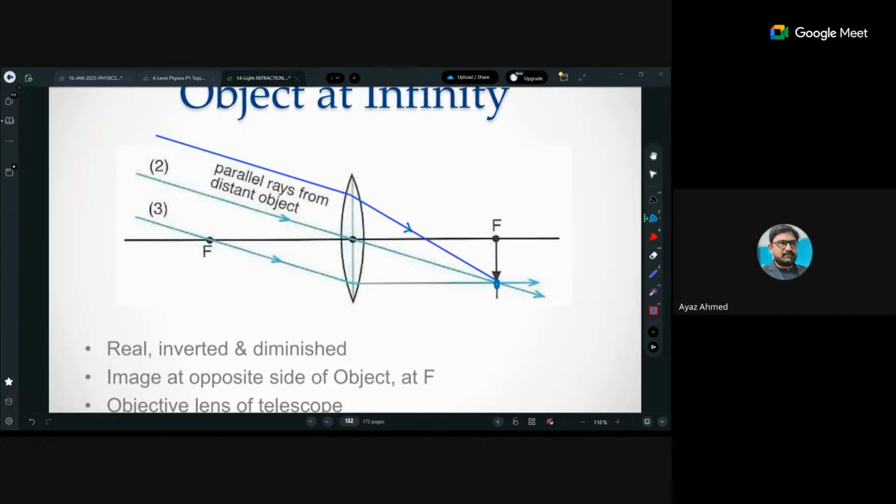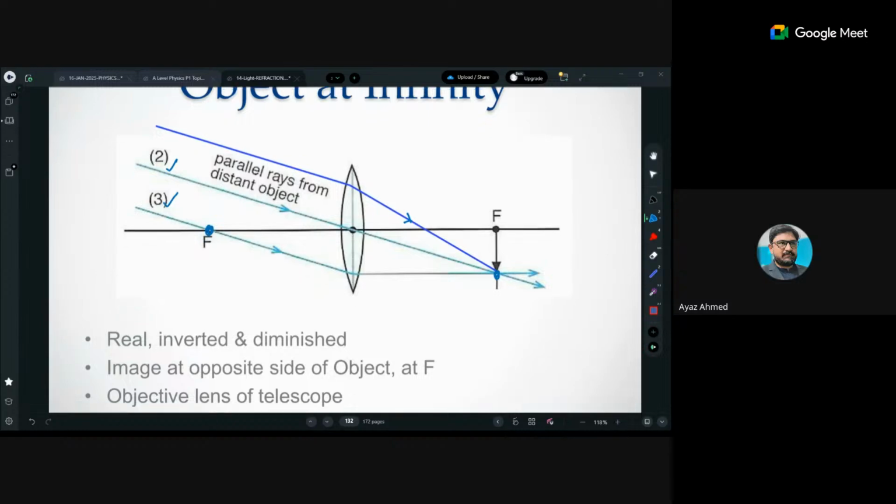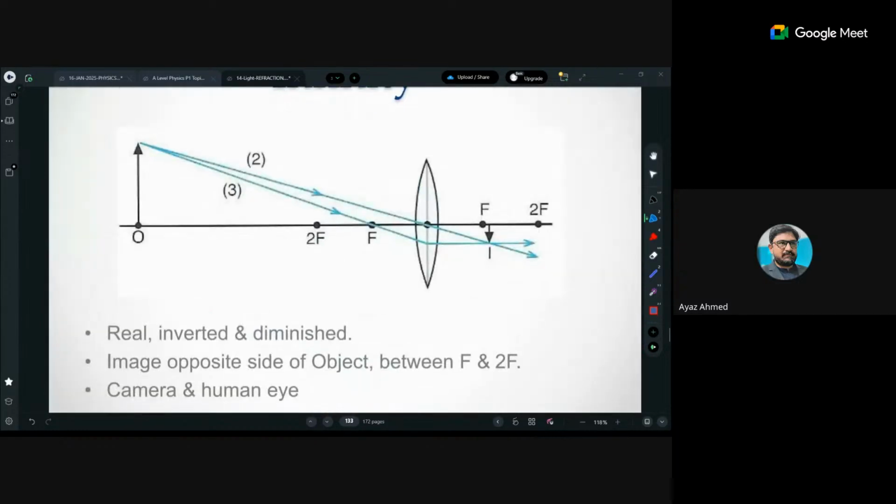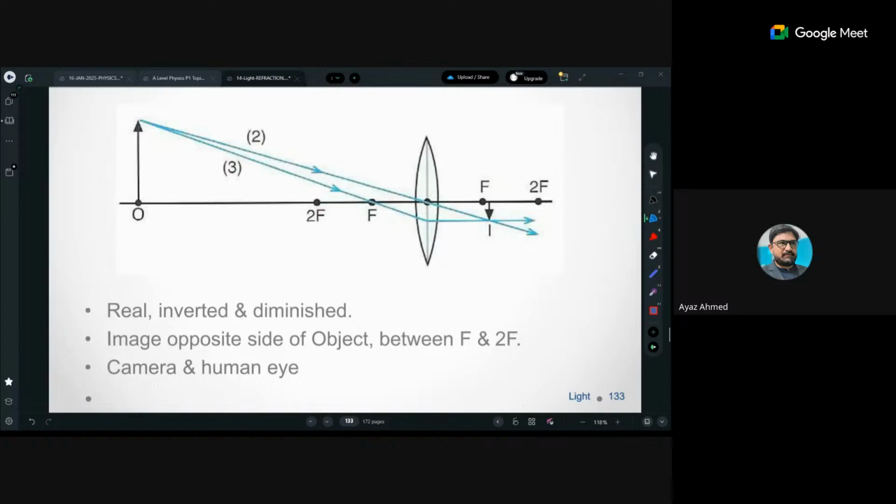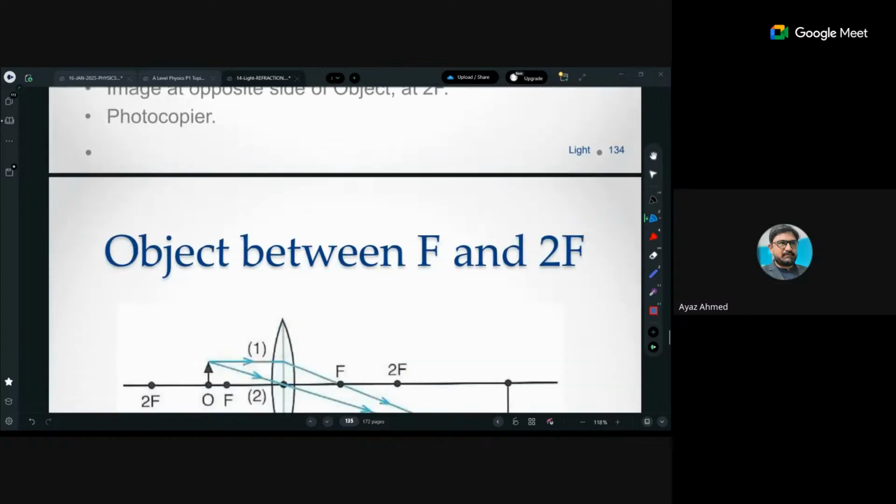So this is basically either draw 2 or 3, it does not matter. But the problem is here ray 2 and ray 3 are used. So the image properties I will draw here. One by one हम लोग करेंगे.